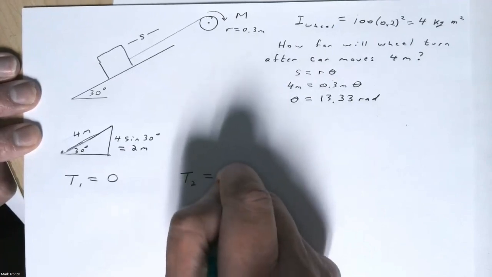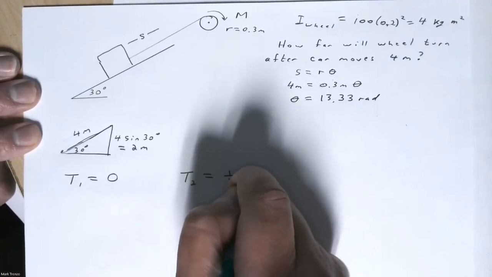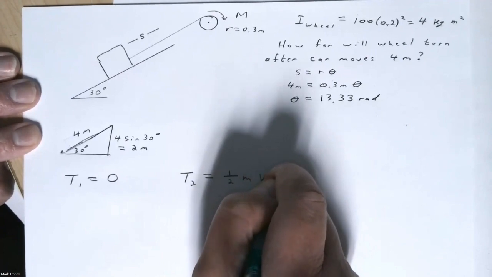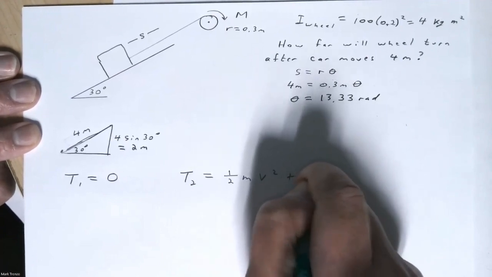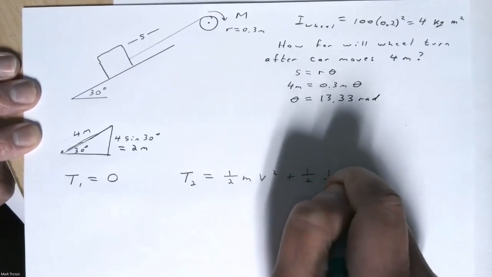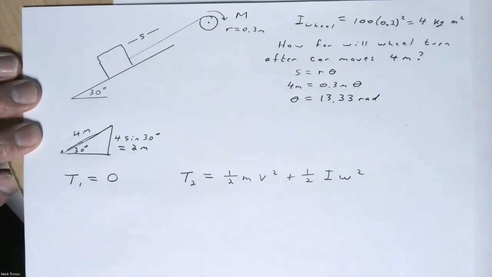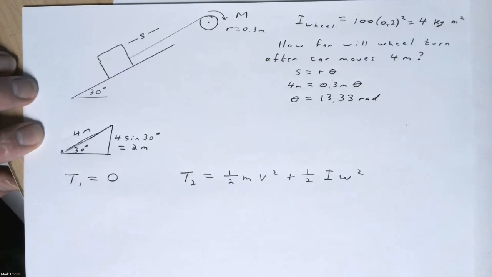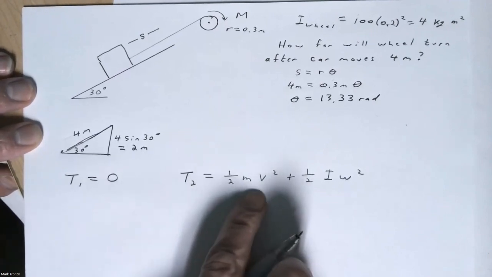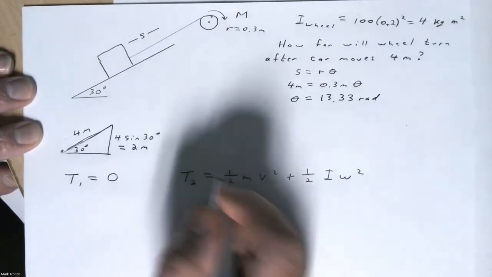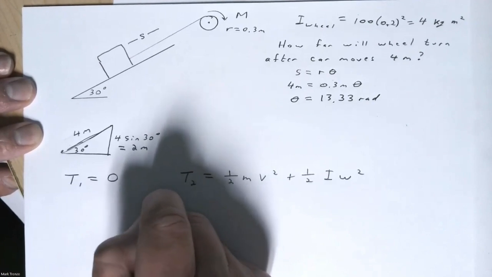So we're going to have to use 1/2 mv squared plus 1/2 I omega squared. Again, this is going to be for the car. And let's actually calculate that.